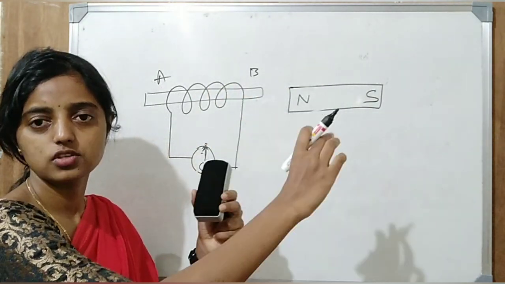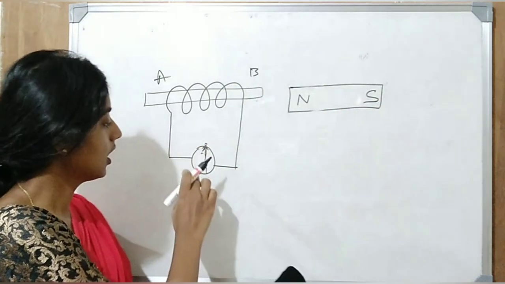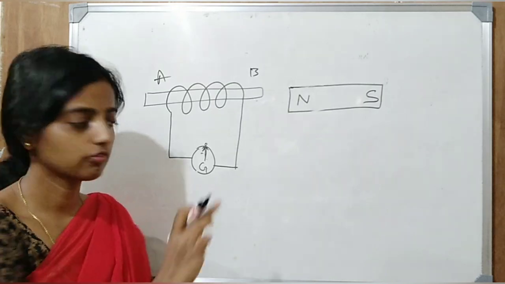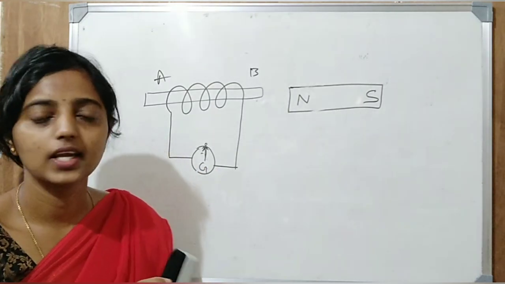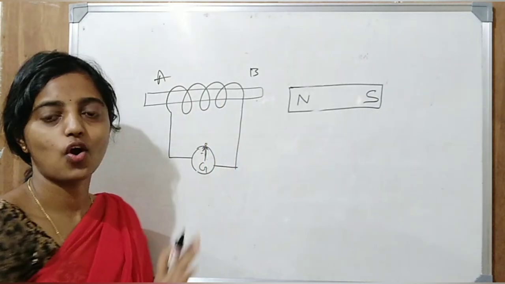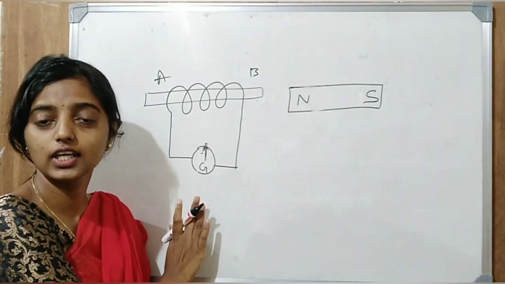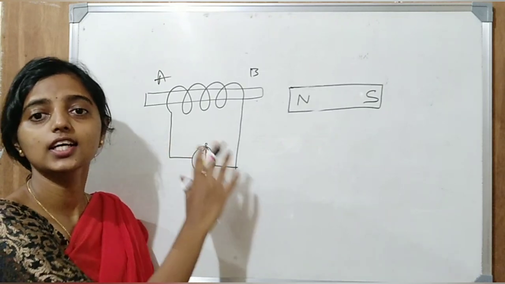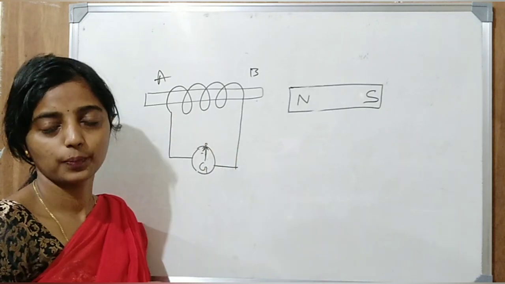While making that motion towards and away, the deflection started to show in the galvanometer. Once the deflection started, that means current is present in this coil. Remember, we don't have a battery here. Without connecting to a battery, we are getting current in this circuit.